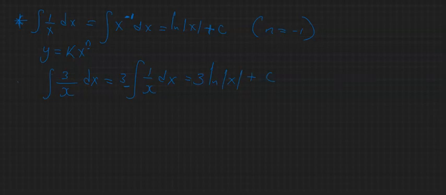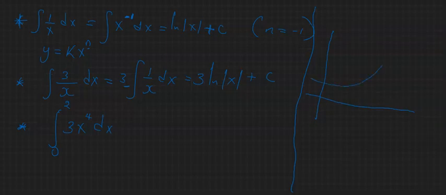So for the sake of the definite integral, suppose you want to integrate 3x raised to power 4 with respect to x from 0 to 2. Note that this is the same as saying you want to find, let's say, assume this is the curve y is equal to 3x raised to power 4.